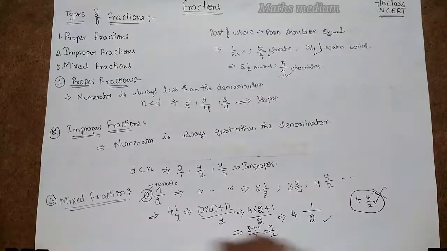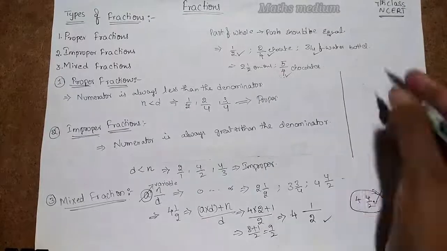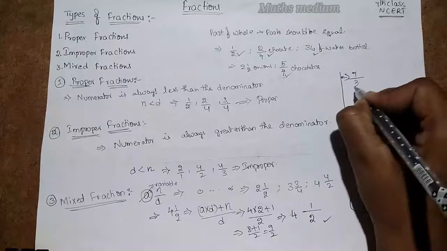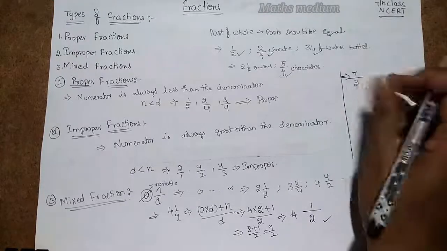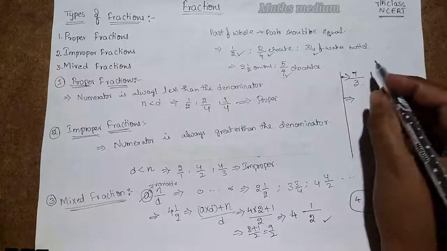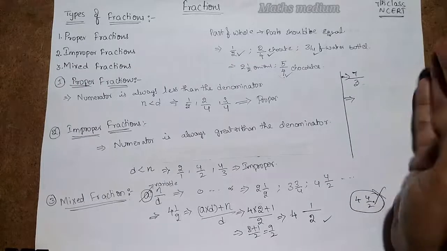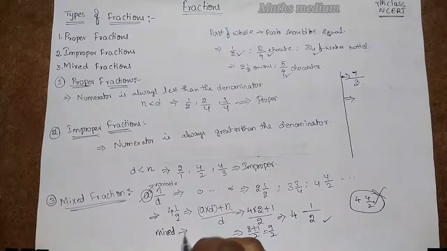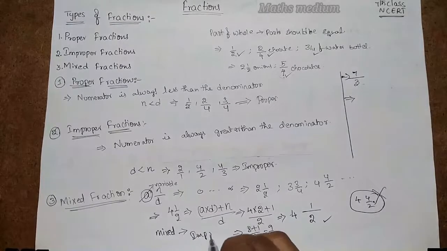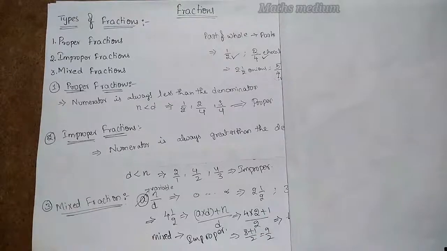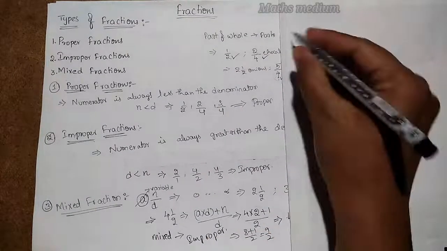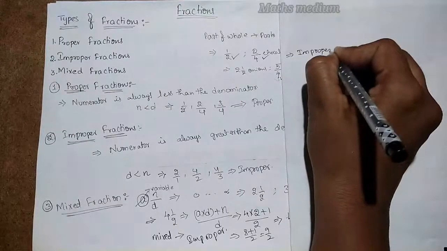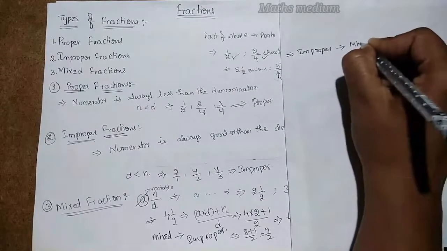If you have to convert an improper fraction into a mixed fraction, take 7 by 3. This is the improper fraction, right? Now we are going to convert it into a mixed fraction.